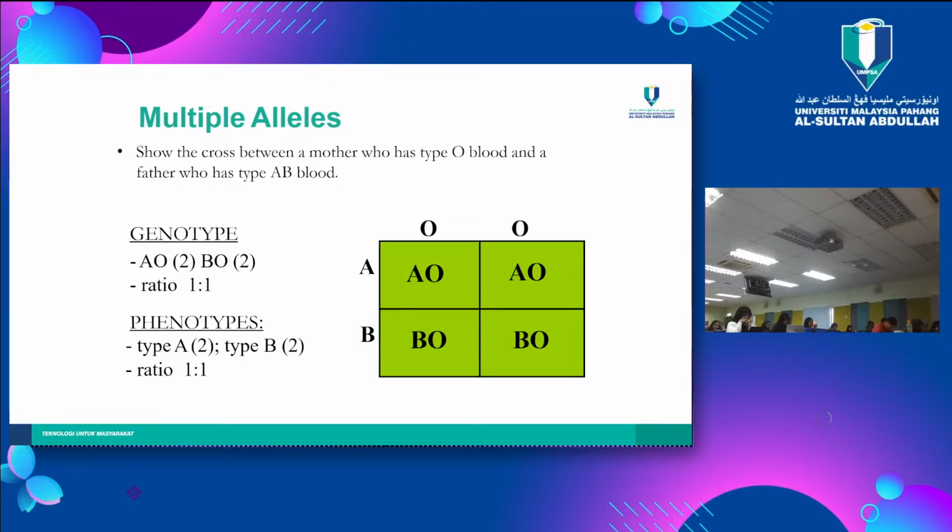The father would have the A and also the B, and for O we have the recessive that doesn't have any of those A or B. So we're going to have the phenotypes as mentioned here: A, B, and then another ratio for A and another ratio for B. So the offspring is either type A or type B blood, because the parents have O and AB blood.